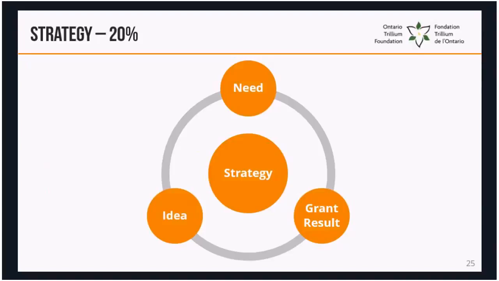Then, you explore an idea in response to that need. You also need to describe how pressing the need is and make the link between how your project will address it and achieve the grant result. The coherence between the need, your proposed project, and the grant result are what makes up your strategy score.